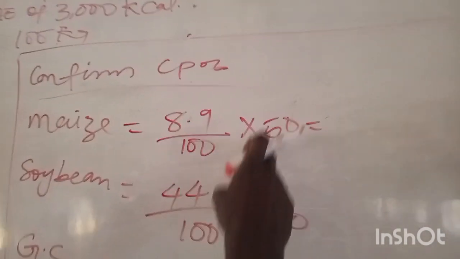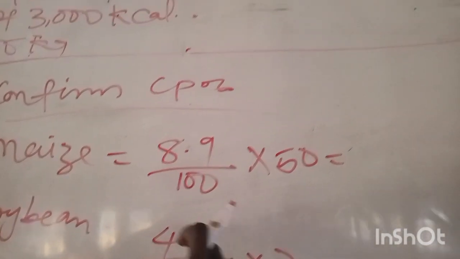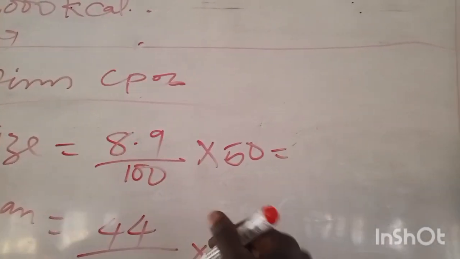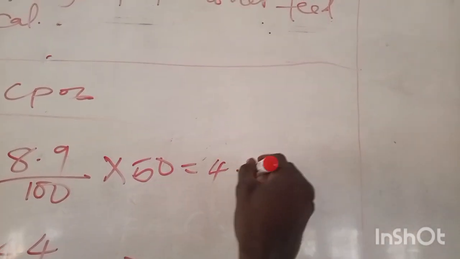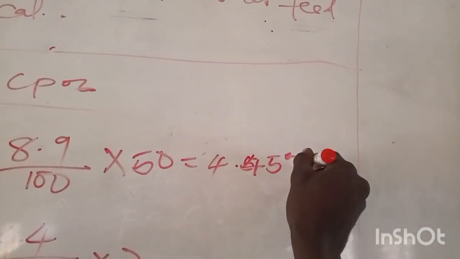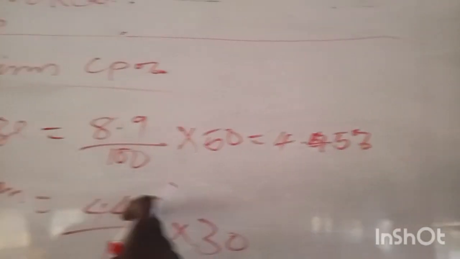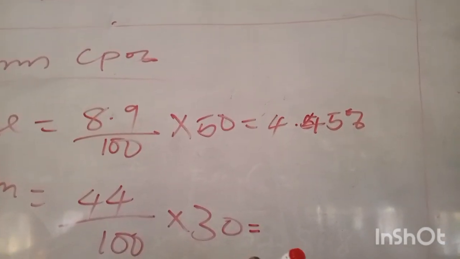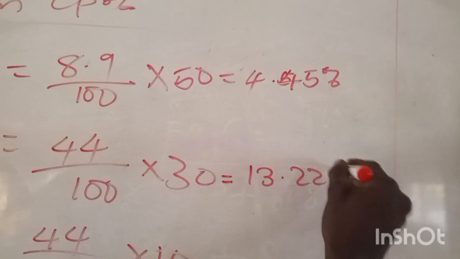So we have, let's say, 8.9 divided by 100 times 50 is equal to 4.545, sorry, percent. Now, 44 divided by 100 times 30 is equal to 13.22%.